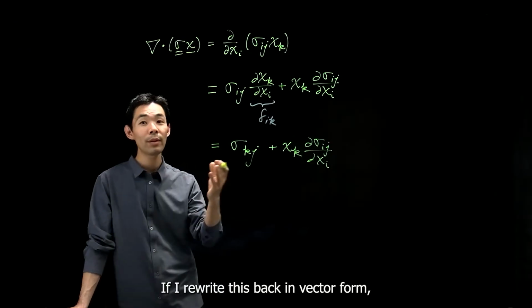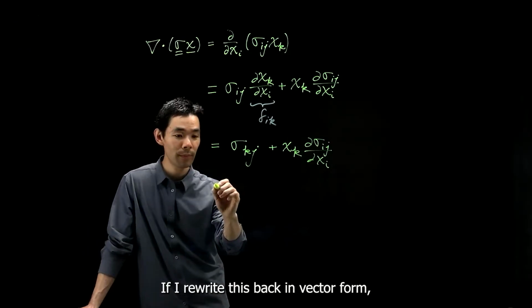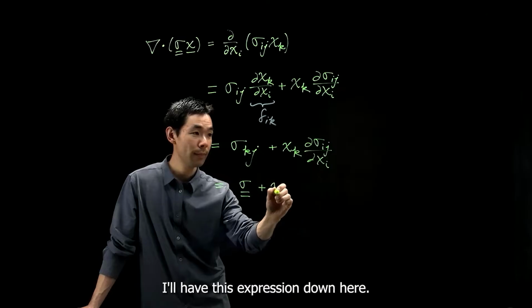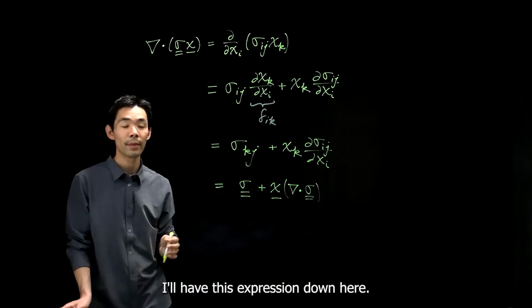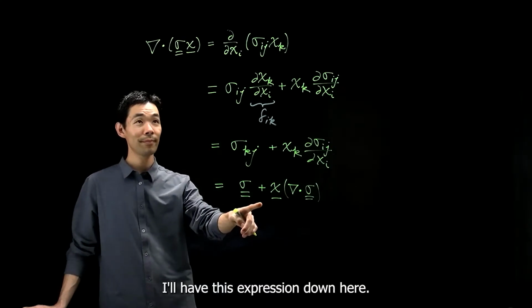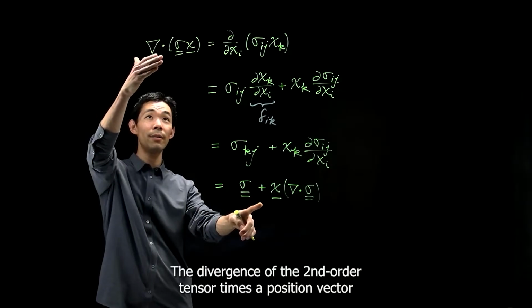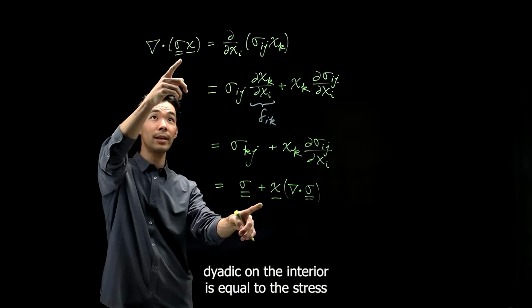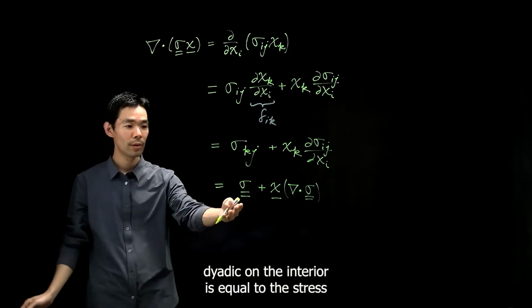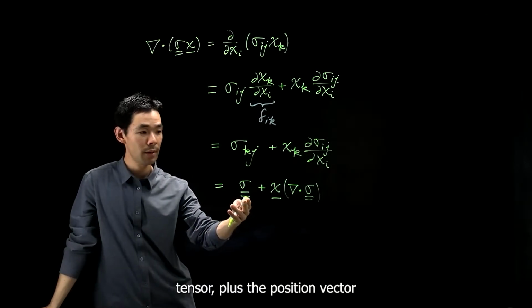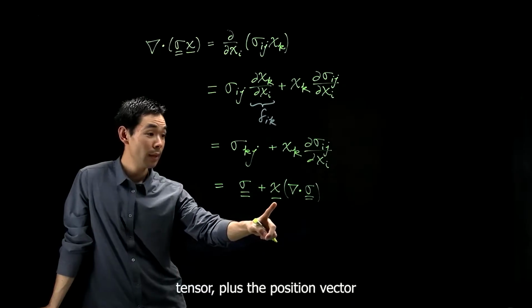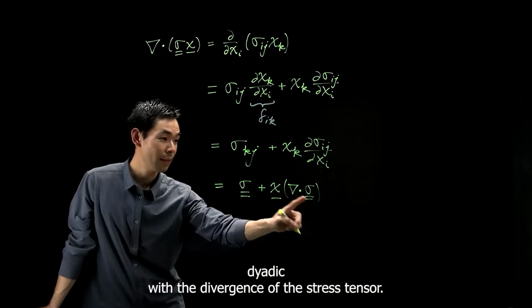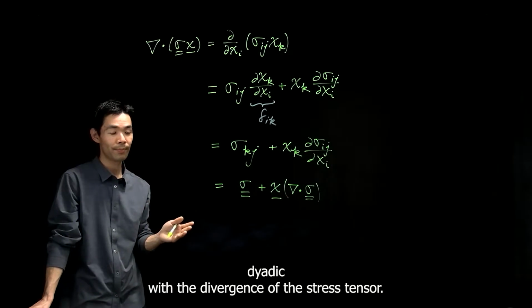Okay, so then if I rewrite this back in vector form, I'll have this expression down here. Okay, so the divergence of a second order tensor times a position vector, dyadic on the interior, is equal to the stress tensor, second order tensor, plus the position vector, dyadic, with the divergence of the stress tensor.